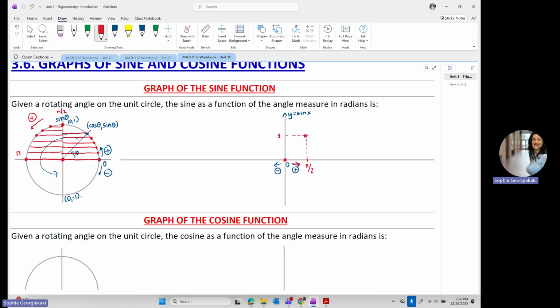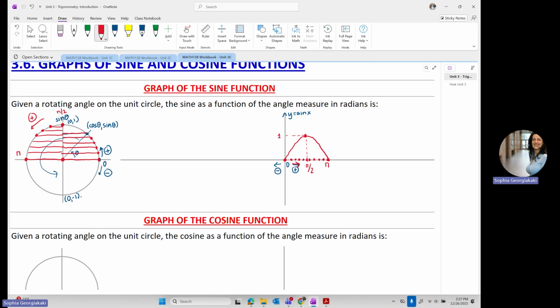So from pi over 2 to pi, let me make it kind of equidistant, my graph goes down because it decreases. So the way I'm going to graph this is I'm going to go up, increasing, and then hit a maximum, and then I'm going to go down to 0 when my rotation is pi.